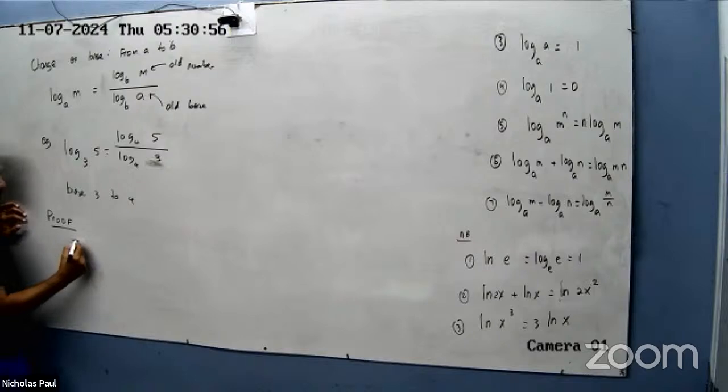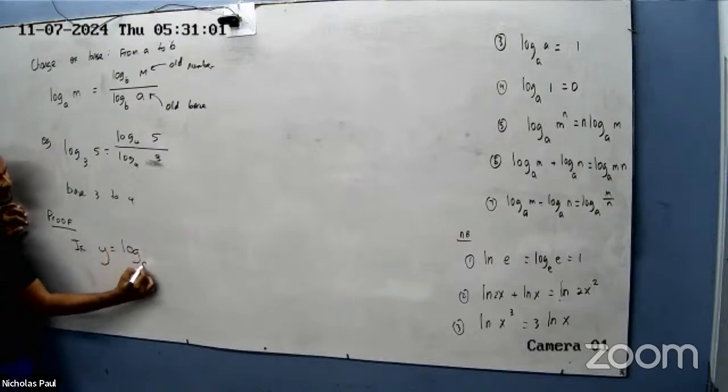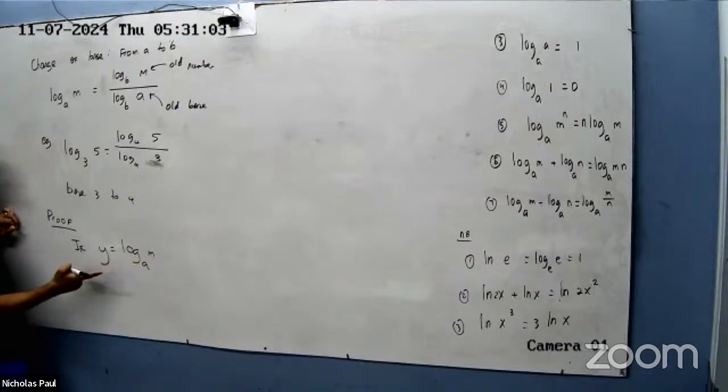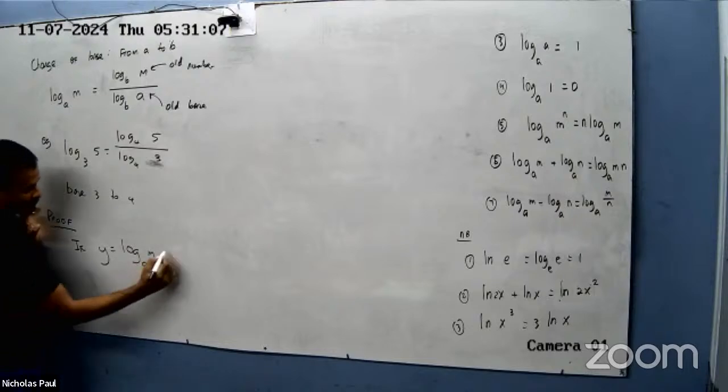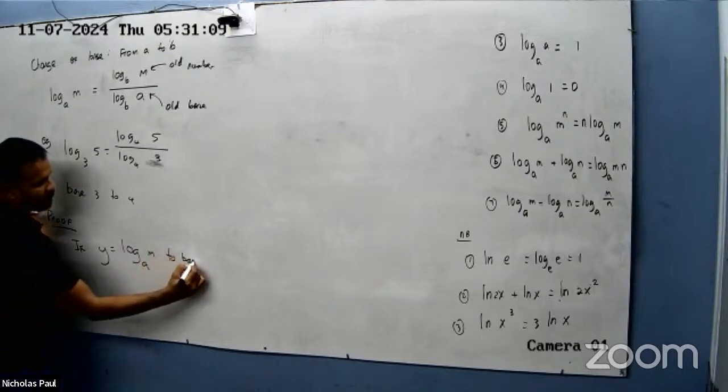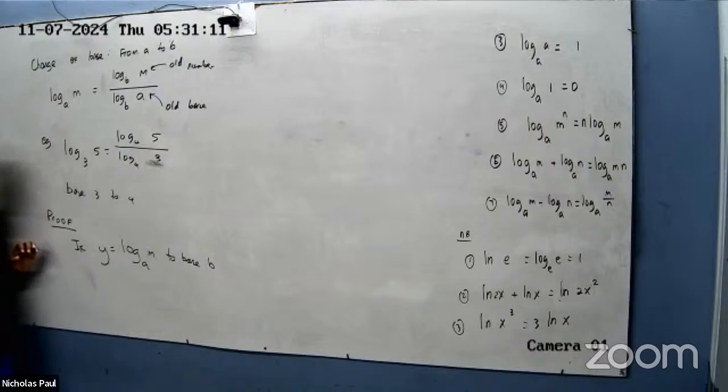So if we have y is equal to log to the base a of m, and I want to convert this to the base b. Everybody ready?